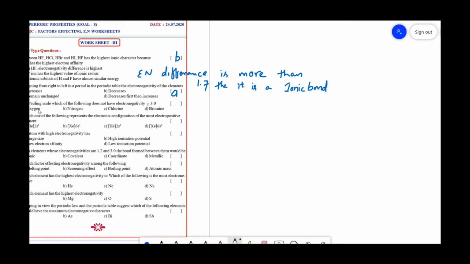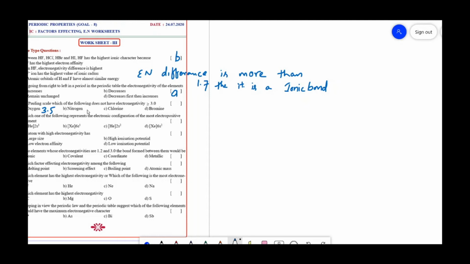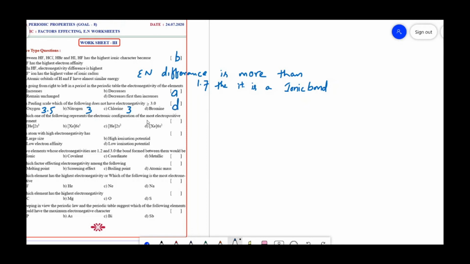So the electronegativity of oxygen is 3.5, and nitrogen is nearly 3, and chlorine is also nearly 3, but bromine is less than 3. So the answer is D. Option D is the answer. It is nearly 2.5 or 2.8.